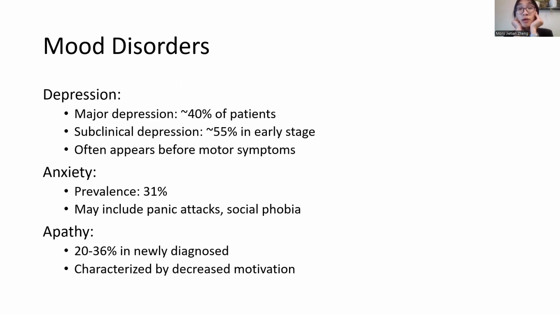Depression is often one of the first non-motor symptoms to appear in Parkinson's disease. Major depression occurs in approximately 40% of patients, while subclinical depression affects nearly 55% of those in early-stage disease.